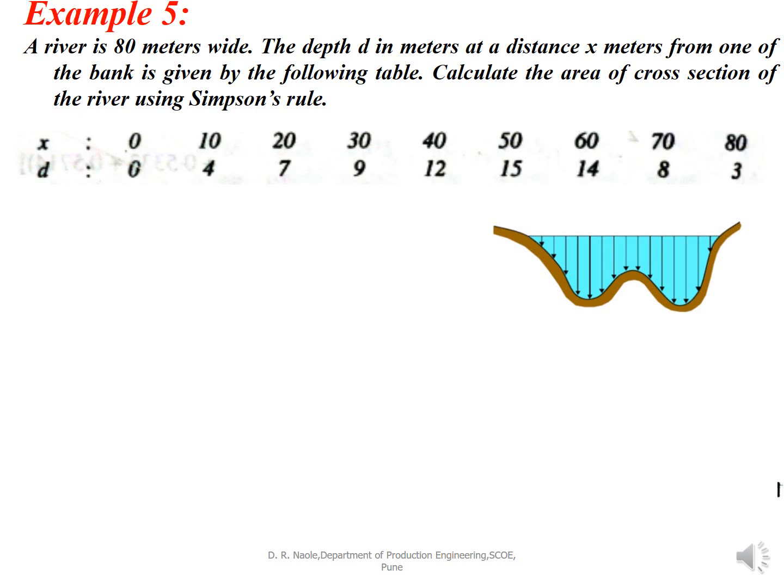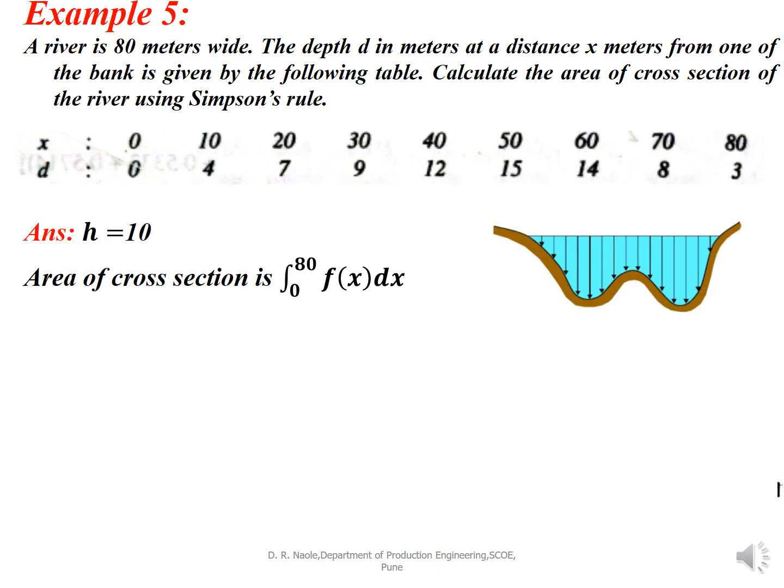There are 8 intervals, so it's an even number, and we'll have to use Simpson's 1/3 rule to evaluate the area here. We cannot use Simpson's 3/8 rule, since the number of intervals is not a multiple of 3. So h here is 10.